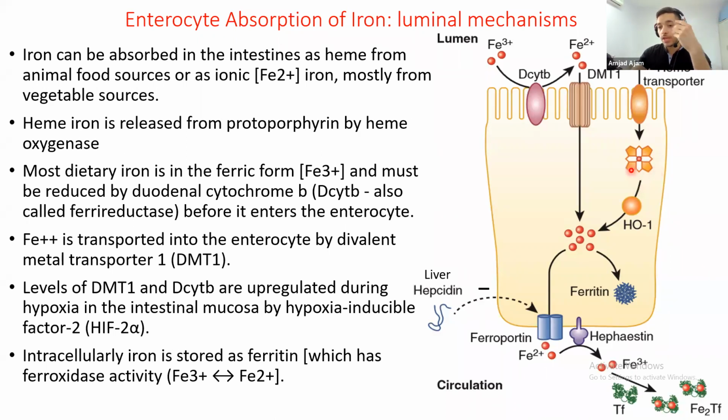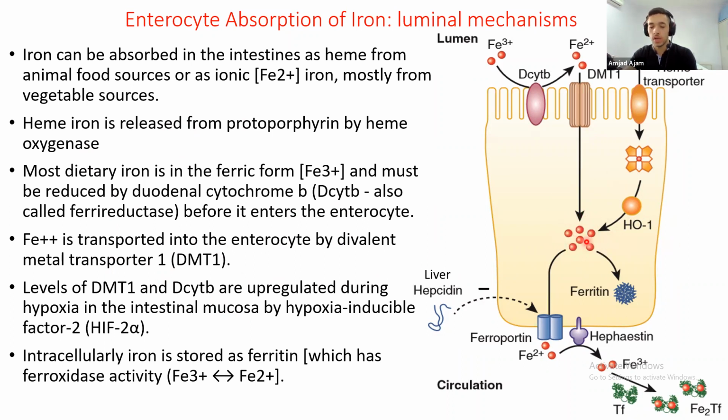However, we need to extract the ferrous iron from the heme. This is done by the enzyme called HO1, the heme oxygenase. This heme oxygenase will extract the ferrous iron from the heme. So now we have the ferrous iron, Fe2+, right here.